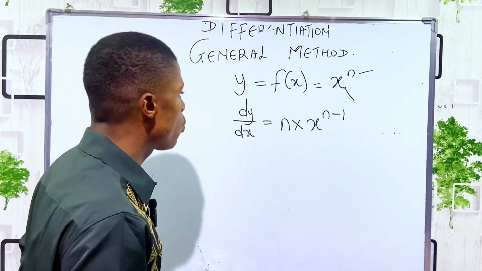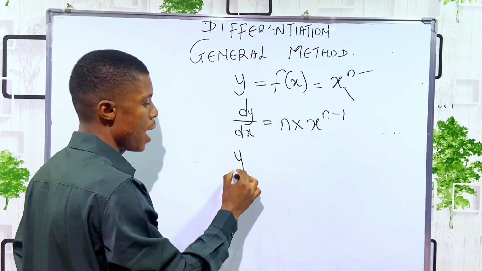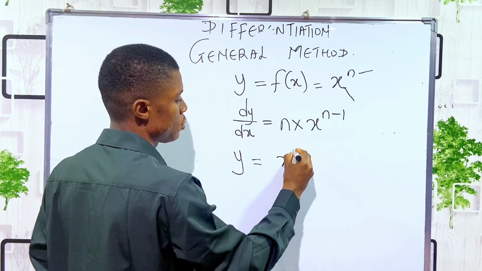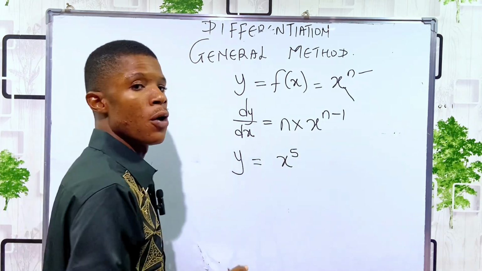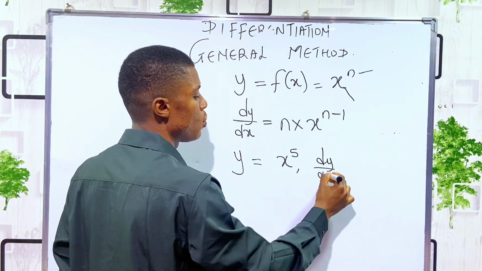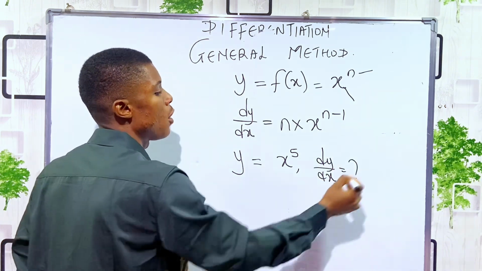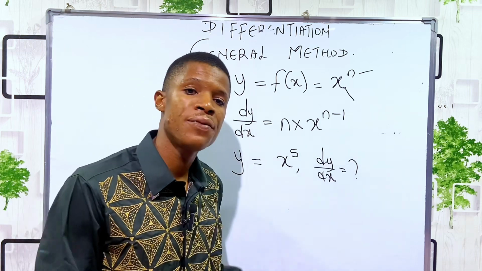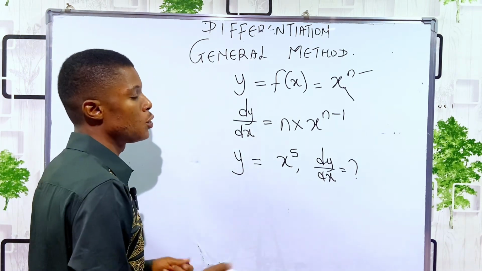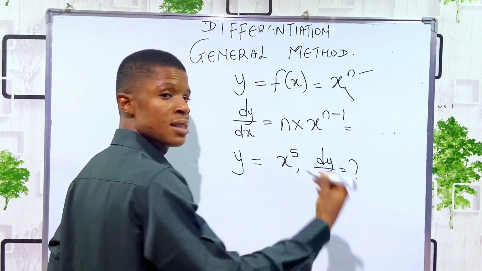Okay, let's say we have a function y, which is equal to x to the power of 5, for instance. And we are told to find the dy/dx of the function. For us to differentiate this function with respect to x, all we have to do is use this method in a simpler form.